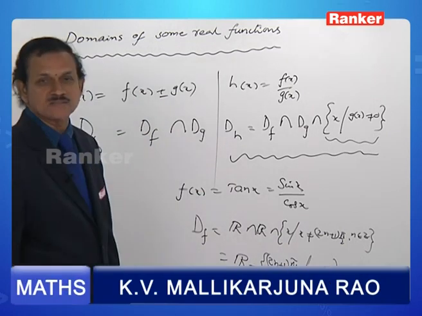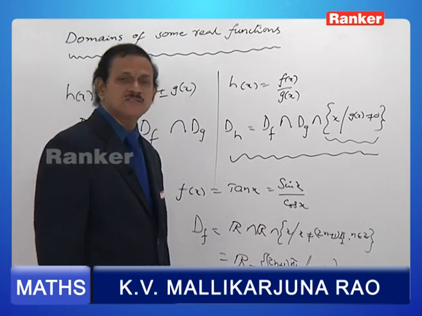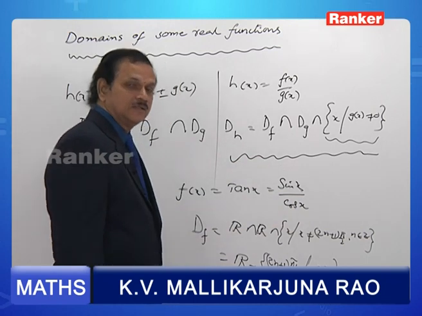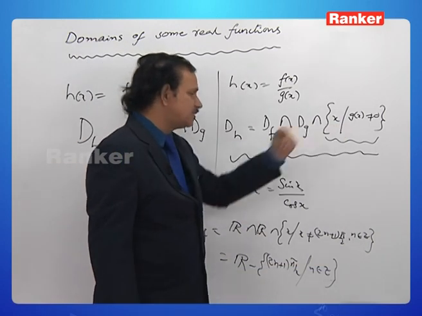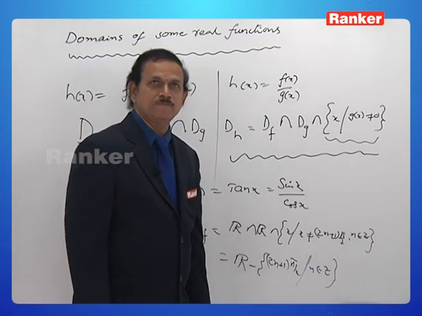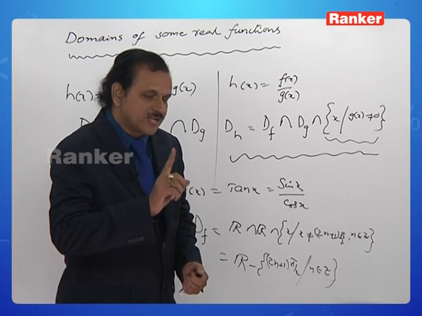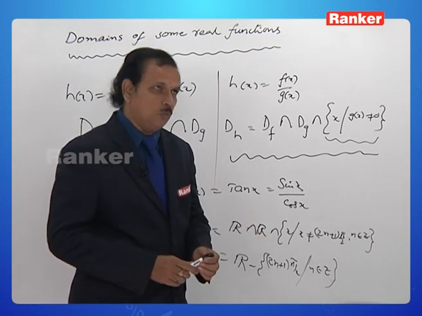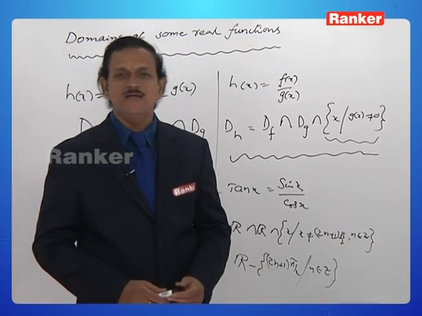Not only tan x, you observe cot x, cotangent of x, it is cos x by sin x. In that particular case, what happens to this set? You have to see that the denominator does not vanish. And in the case of cot x, what is there in the denominator? Sin x. When can that sin x become 0? At n pi.